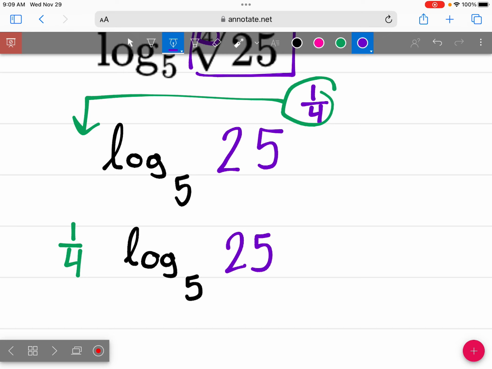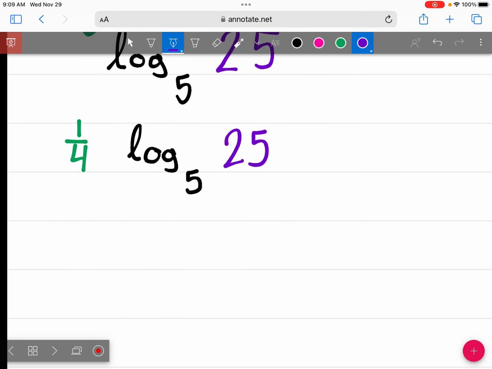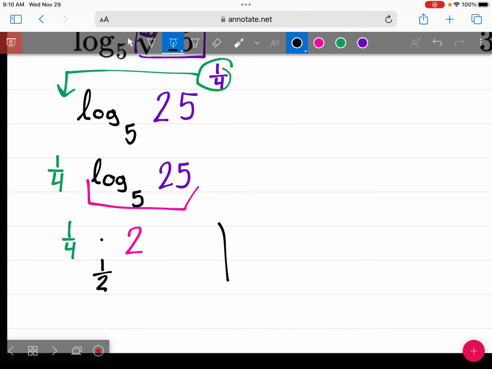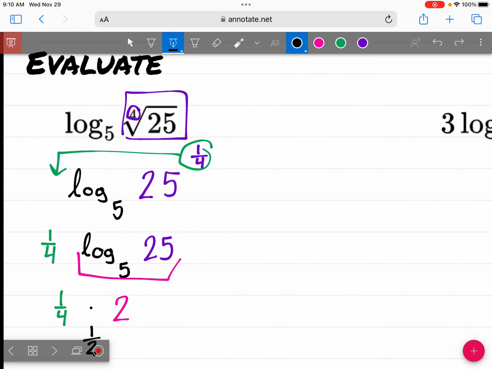So log base 5 of 25 just means 2, times 1/4. So 1/4 times 2 is what? 0.5 or 1/2. So log base 5 of the 4th root of 25, you guys just evaluated without a calculator.